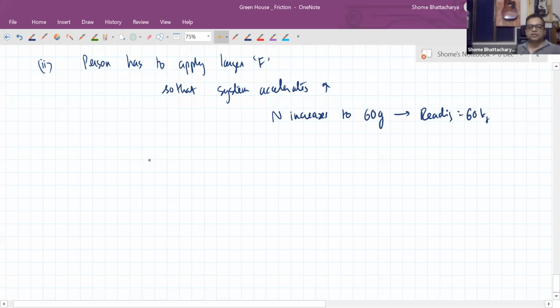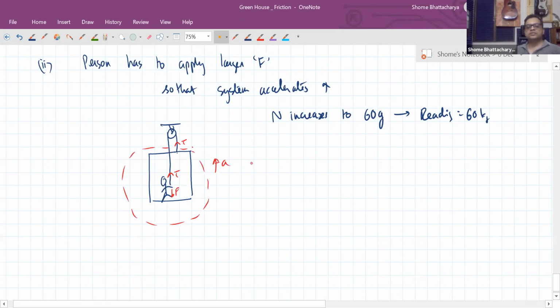So he will apply a larger force, pulling the rope down with a larger force, so the whole system is getting an upward acceleration of E.